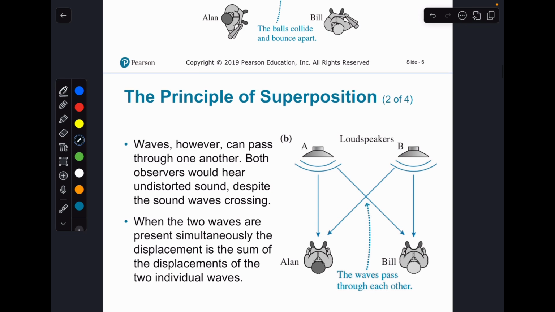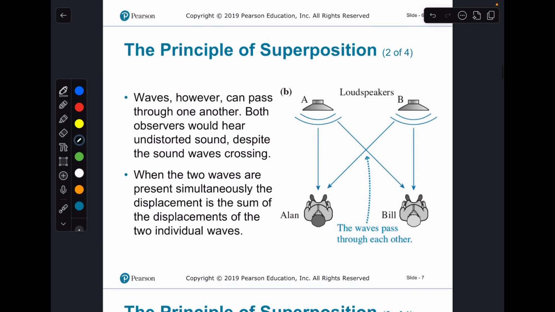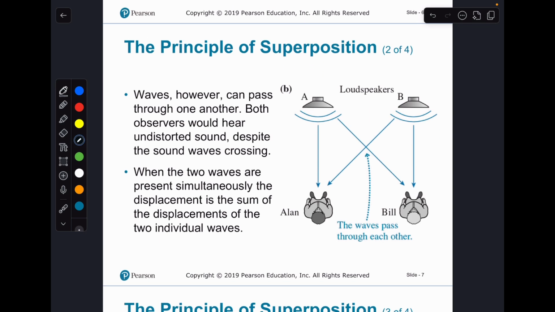However, waves behave differently. If we set up the same scenario and instead emit sound waves from two speakers, those sound waves are going to emanate in a circular wavefront away from the speaker face. There are going to be multiple sound waves coming out of the speaker, and some of those are eventually going to interfere with each other.